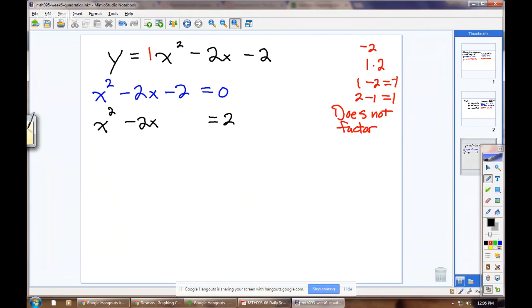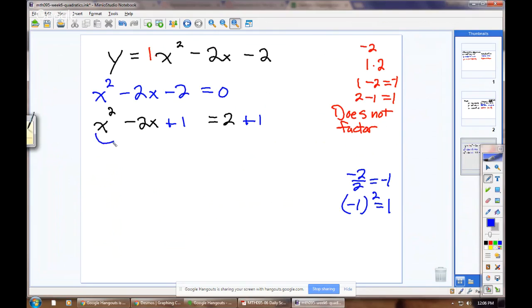And then the trick from there, switch to blue, is to take half of that middle coefficient. So negative 2 divided by 2, that gives me negative 1. And then I want to square that number, which gives me a 1. So the 1 is the number I want to add to each side here.